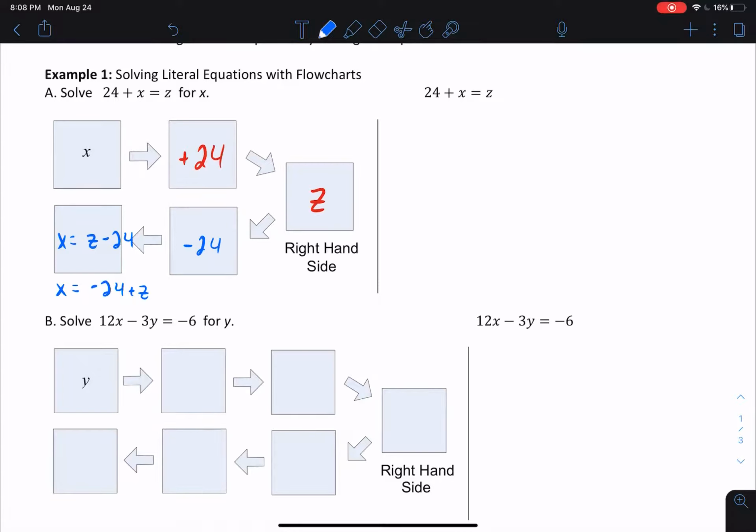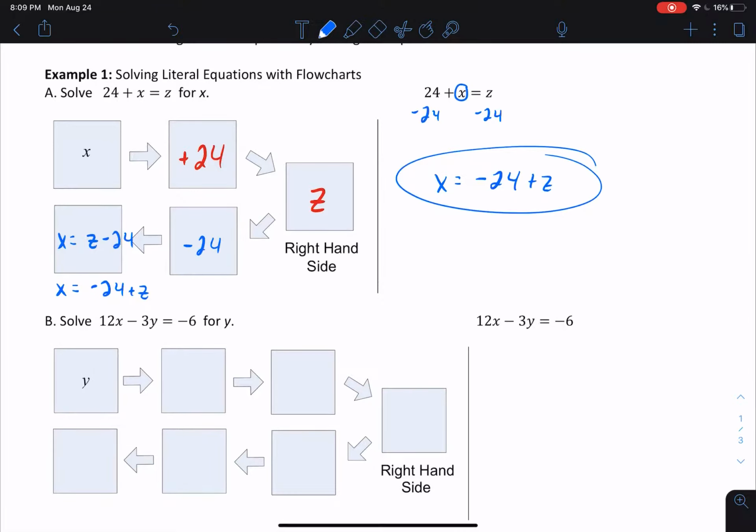X equals an expression involving the other parts. Okay, if I wanted to do that without a flowchart, I could see, okay, I want to solve for this x, so I want to get it by itself. What do I have to do? Subtract 24 from both sides, so x is going to equal -24 plus z.